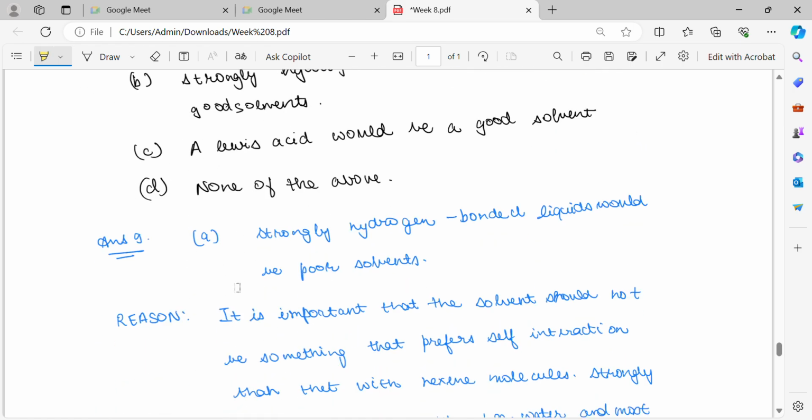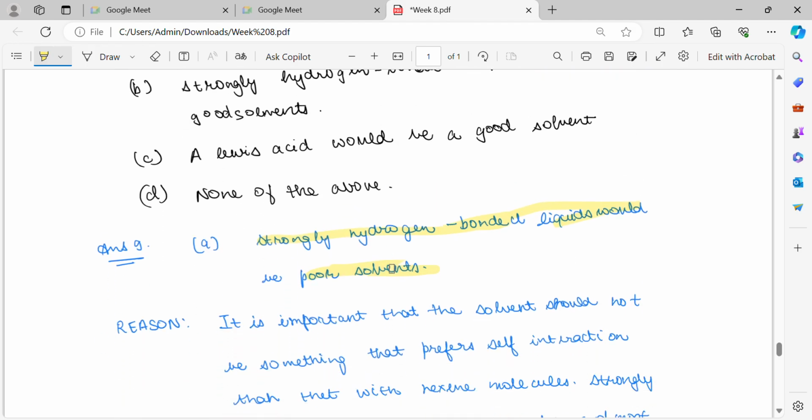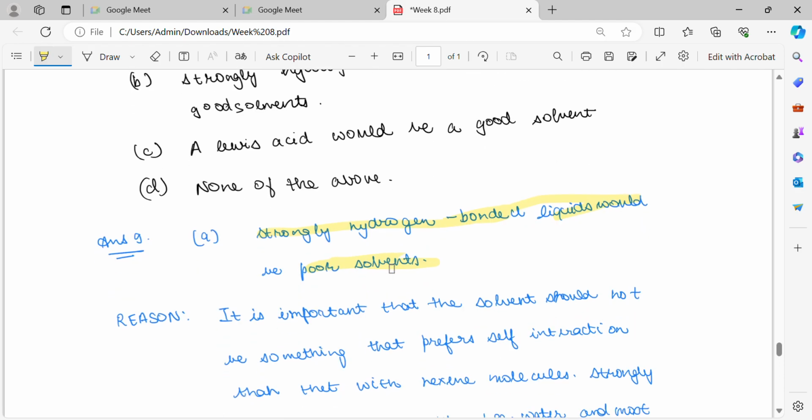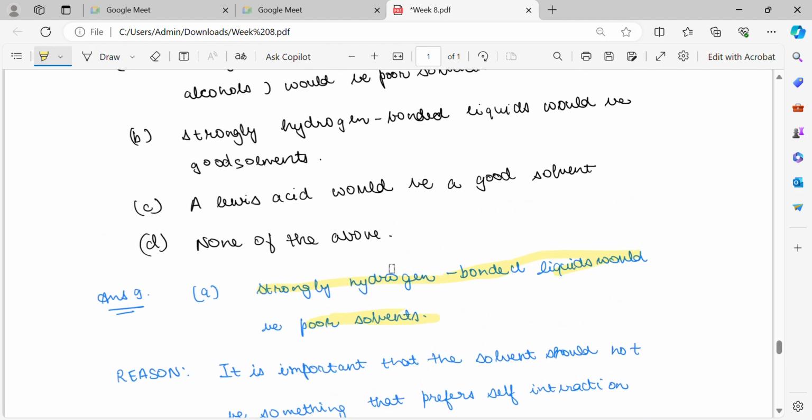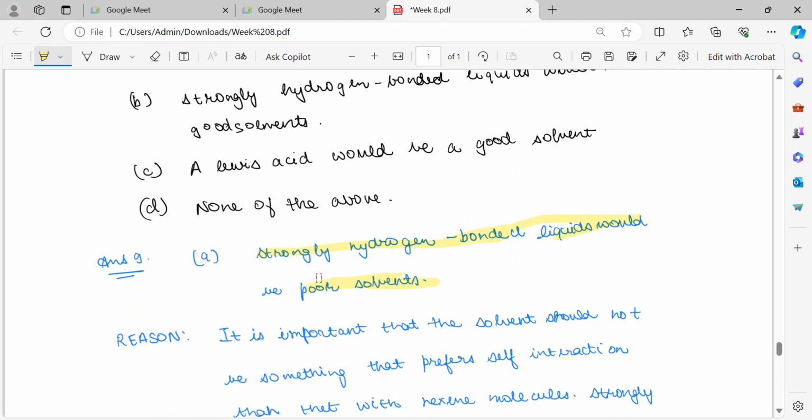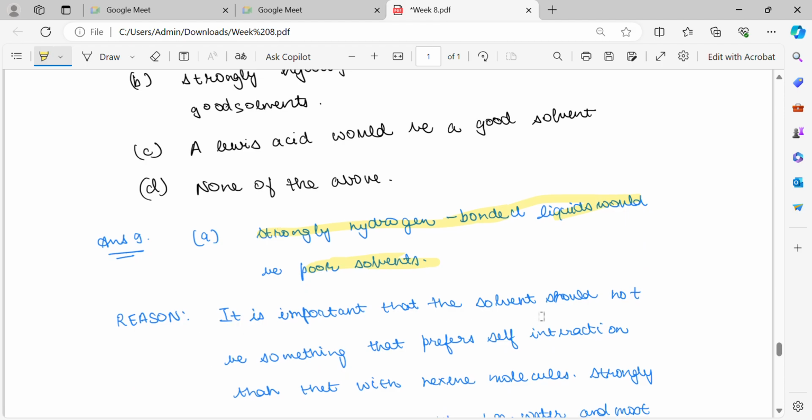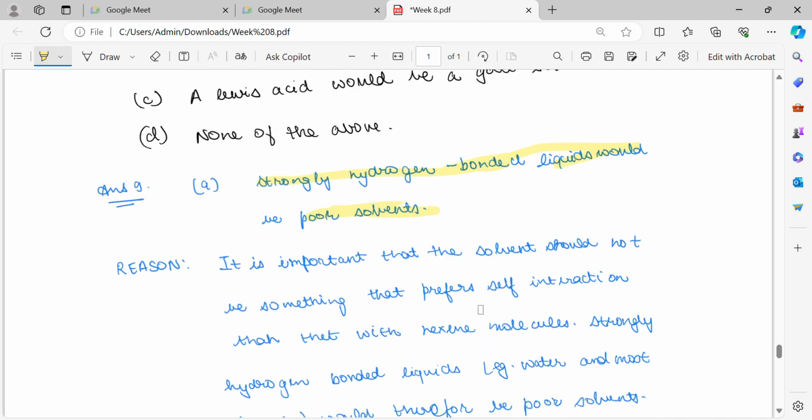So the solution is strongly hydrogen-bonded liquids would be poor solvents. The reason is it is important that the solvent should be something that prefers self-interaction less than interaction with hexene molecules.